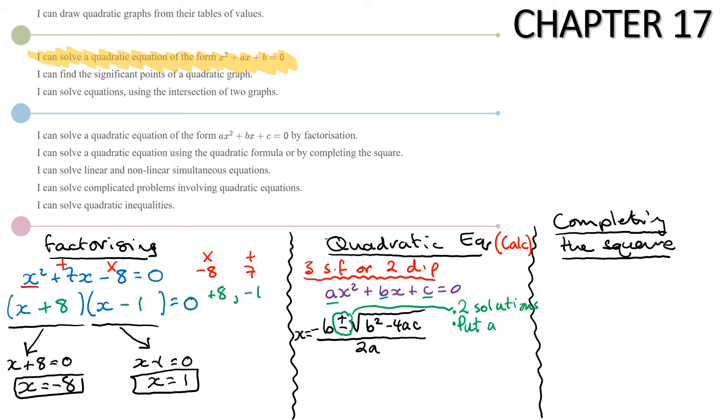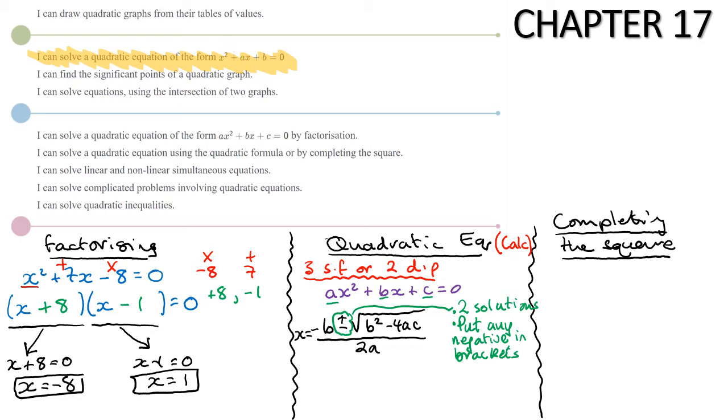So put any negative numbers in brackets, that's really important. Otherwise your calculator will get confused. And basically you just type them in, but make sure that when you type it in on your calculator it looks exactly the same as the equation.